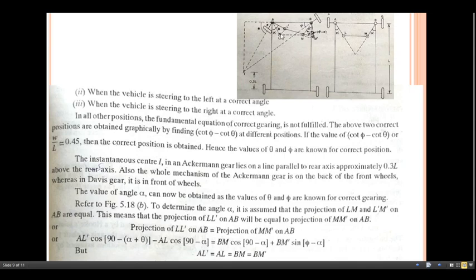This is our assumption for the smaller angle alpha. So the projection of L dash on the AB must be equal to the projection of M dash on the AB. This can be proved with the help of this geometry.